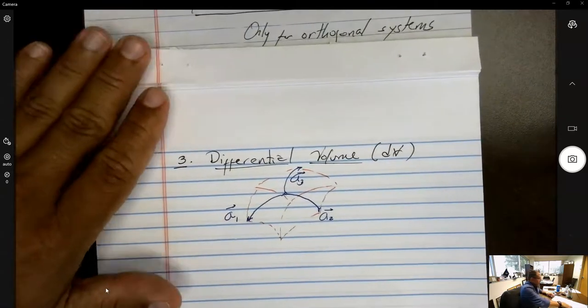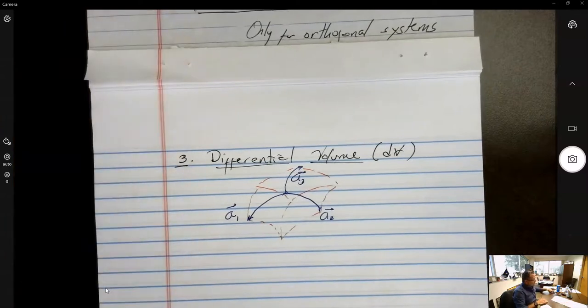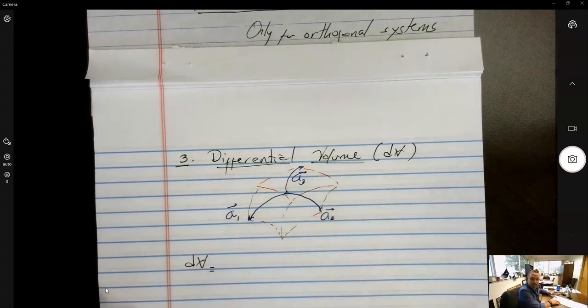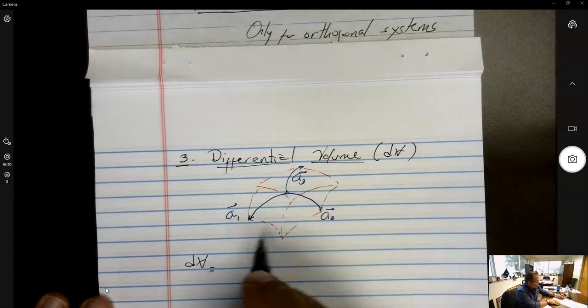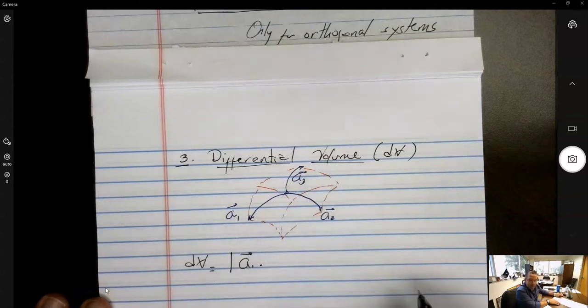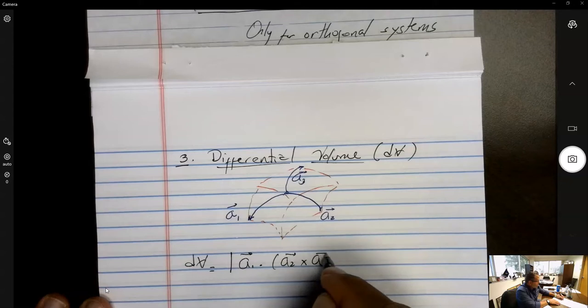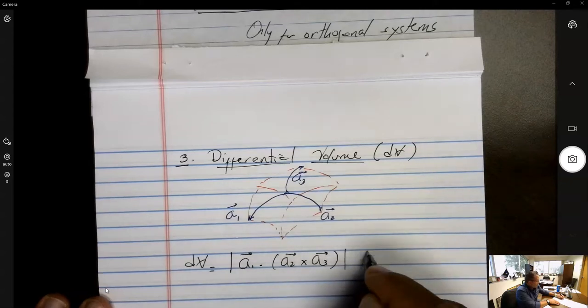So the volume of that parallelepiped is the differential volume. Remember, if you have three vectors that define a three-dimensional object, the volume is a1 dotted into a2 cross a3, dx1, dx2, dx3.